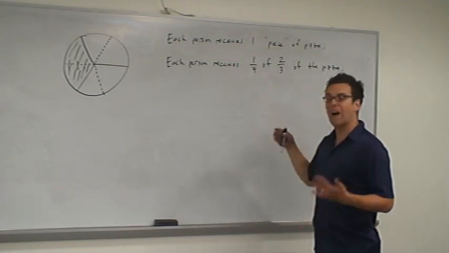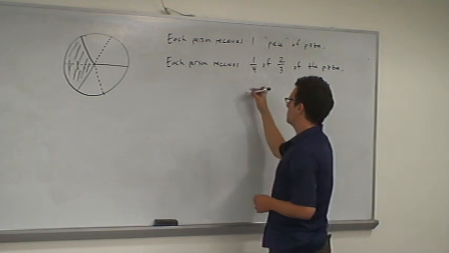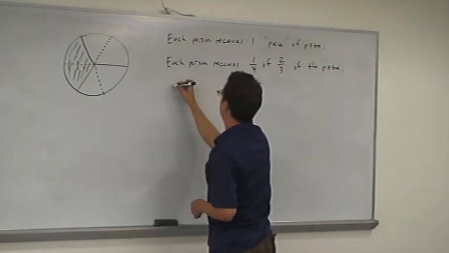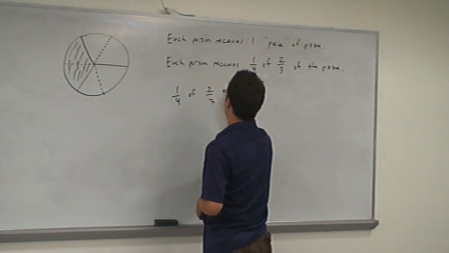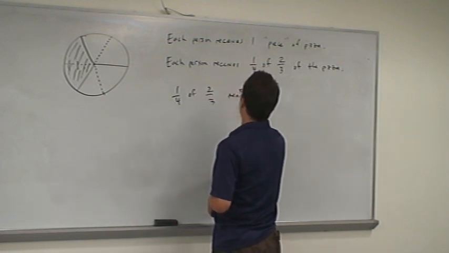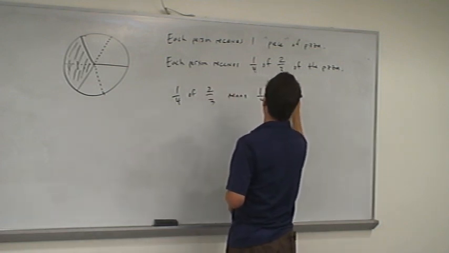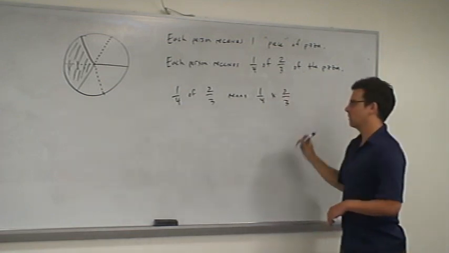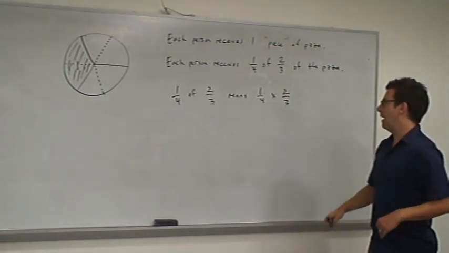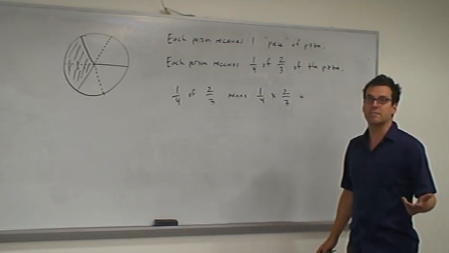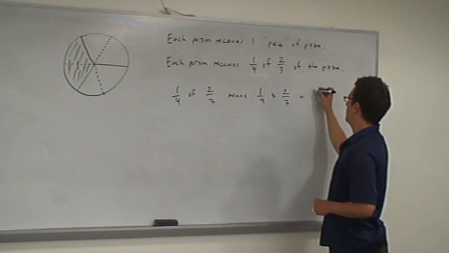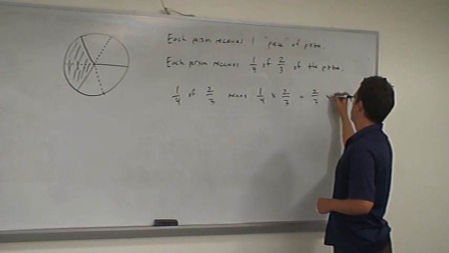So 1/4 of 2/3 means 1/4 times 2/3. And of course, since the commutative property of multiplication certainly extends to fractions, 1/4 times 2/3 is equivalent to 2/3 times 1/4.